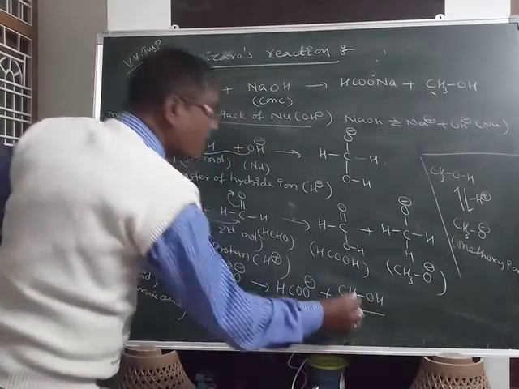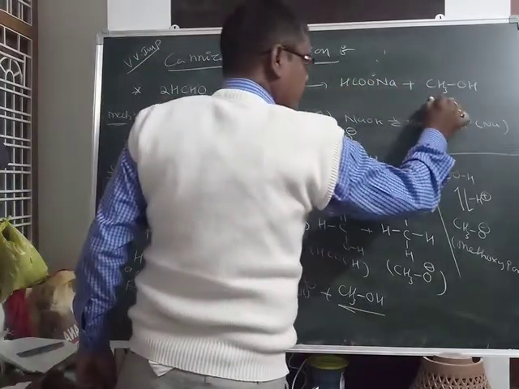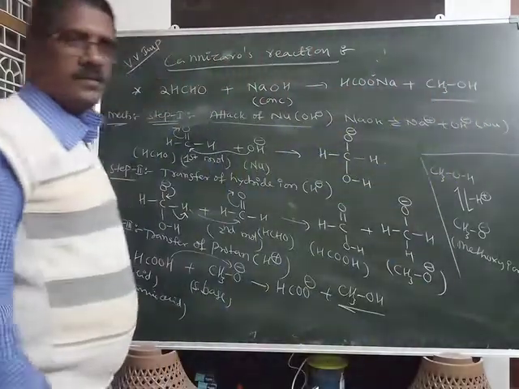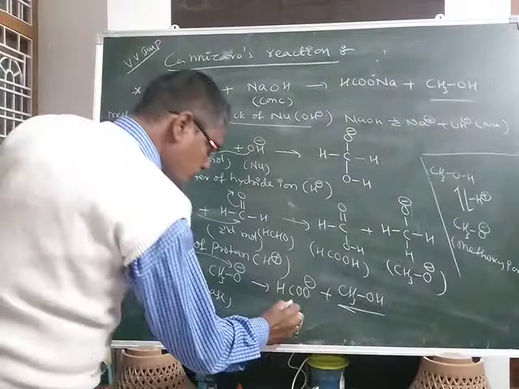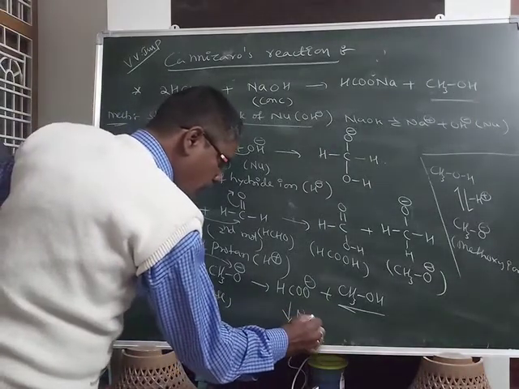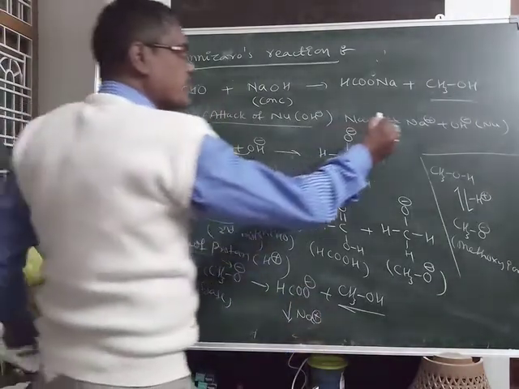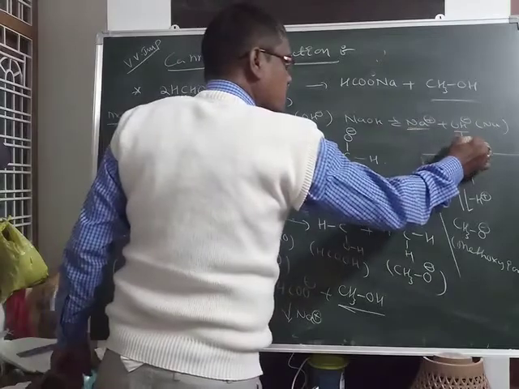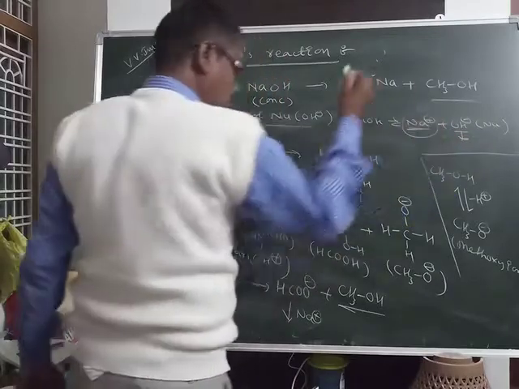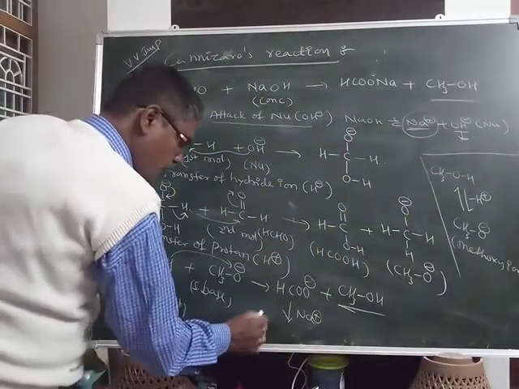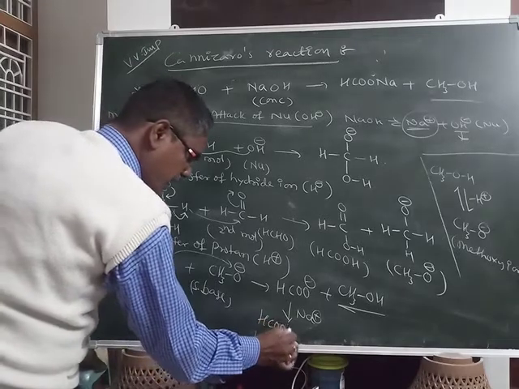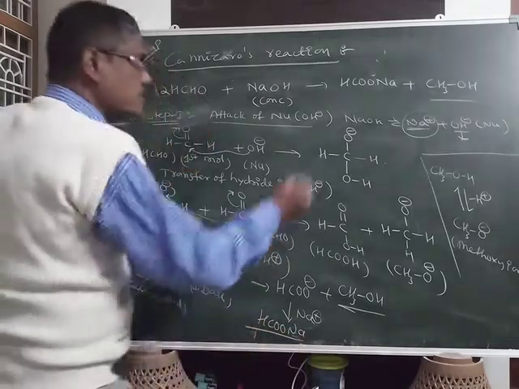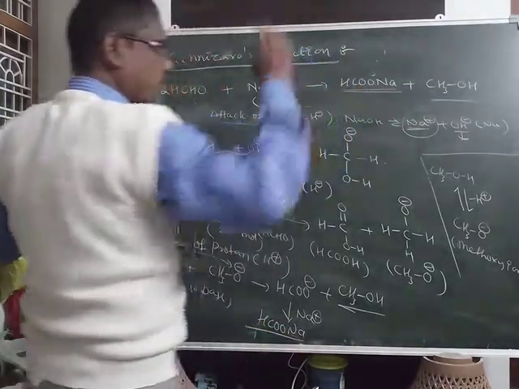So this is one product. Now HCOO minus, and Na plus is already present at this position. This OH has already reacted, so the Na plus ion attracts to form HCOONa. So this is the HCOONa.